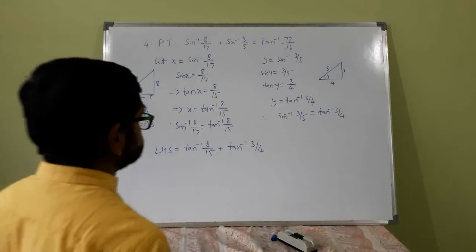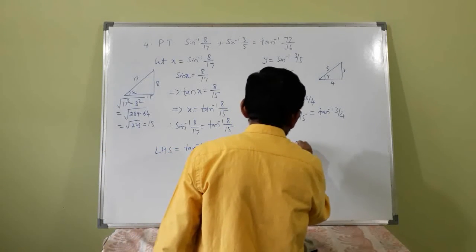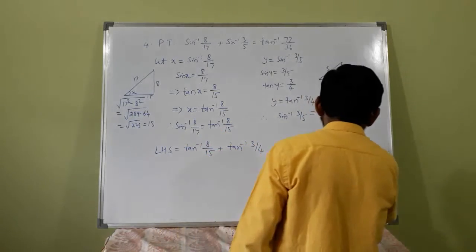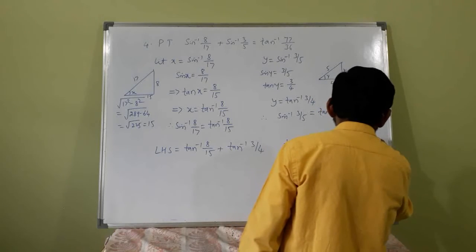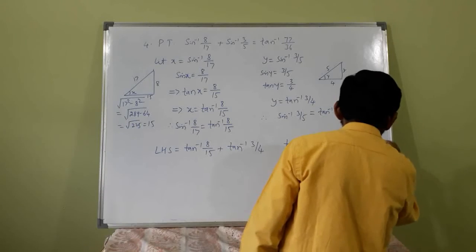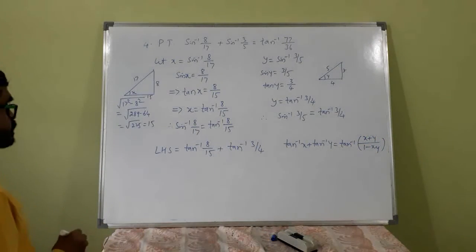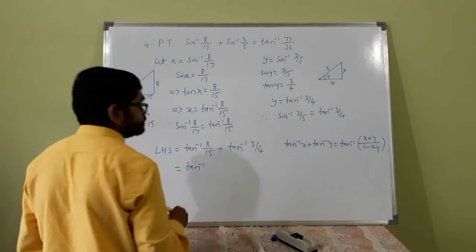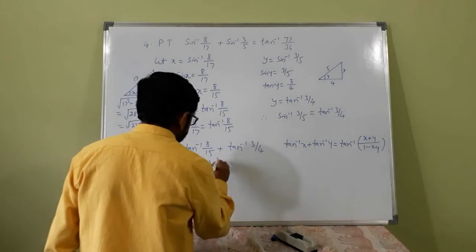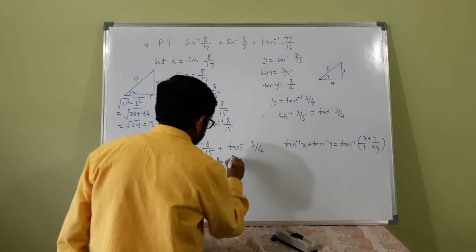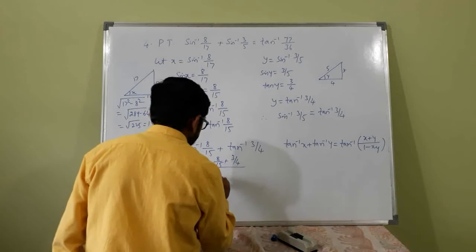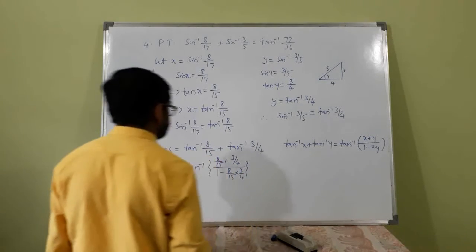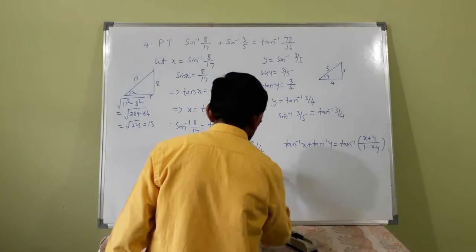Now tan inverse of x plus tan inverse of y is equal to tan inverse of (x plus y) divided by (1 minus xy). So this is equal to tan inverse of (8 by 15 plus 3 by 4) divided by (1 minus 8 by 15 into 3 by 4).